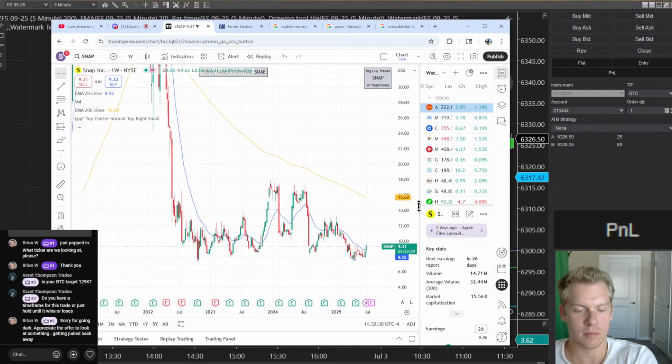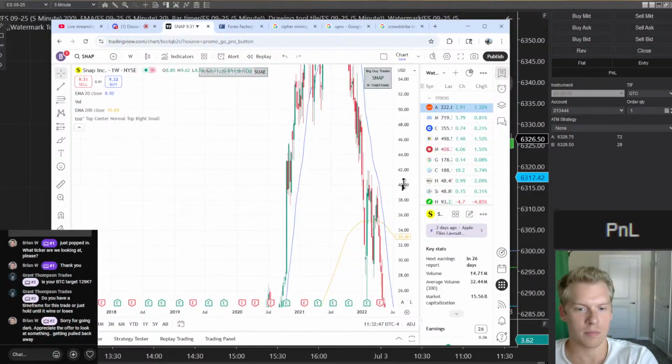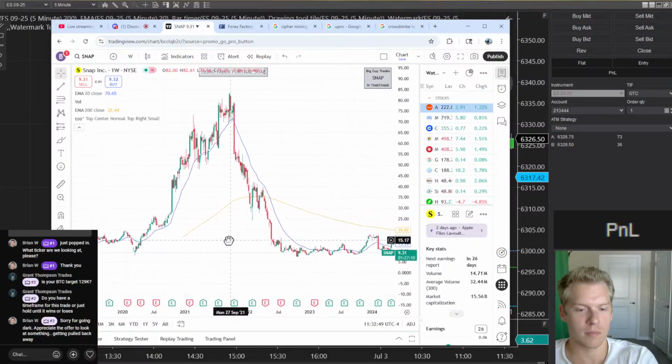That deal that was floated on the table a couple of years ago with Meta, that ship has long sailed. So I don't see any news coming out about somebody buying up Snapchat or some sort of M&A news, because that was floated a couple of years ago.